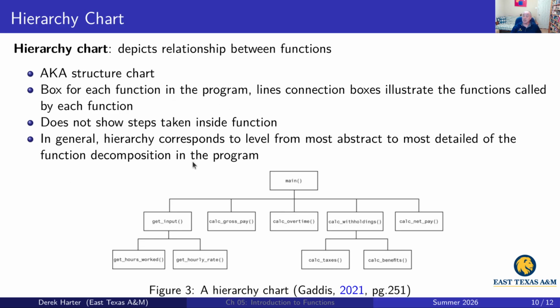In general, the hierarchy corresponds to the level of abstraction, from your very abstract top-level functions that are solving high-level concepts of your program, down to the things at the very leaves or the bottom of this hierarchy chart, which will be the specific functions that are doing one small detailed thing. Okay.